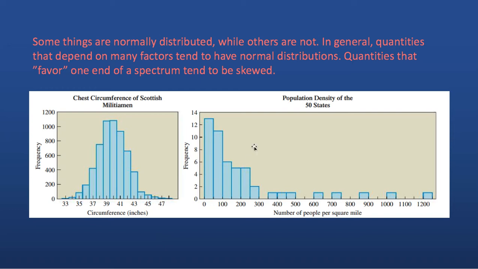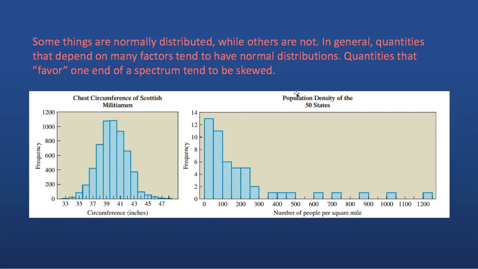In this case, we're talking about population density of the 50 states. And I put favored in quotes because there's lots of different contexts, but the main idea is that the data tends to be pooling around one end of a spectrum.